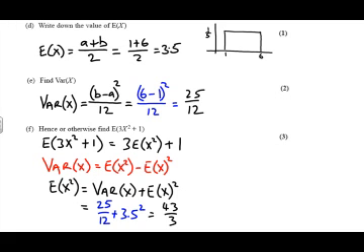Going back to what the question had asked, I need to find a result for this expression, which would be 3 times the 43 over 3 plus 1, resulting in an answer of 44. Okay, so the answer to the question, 44. And that should be worth all the marks.